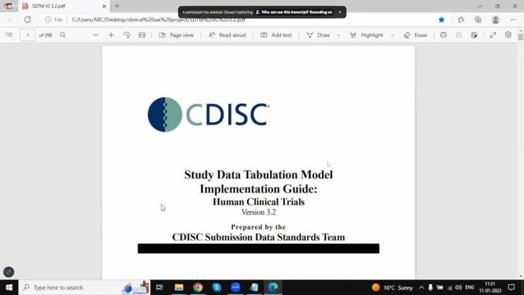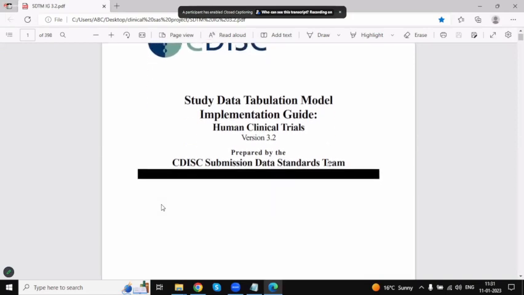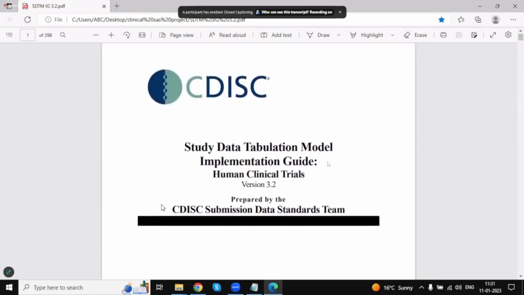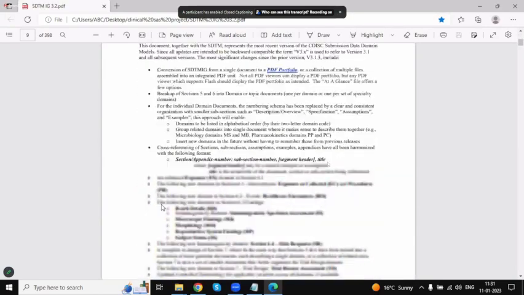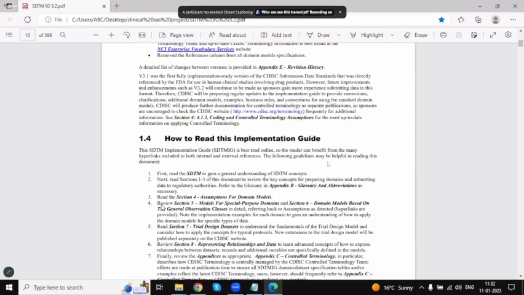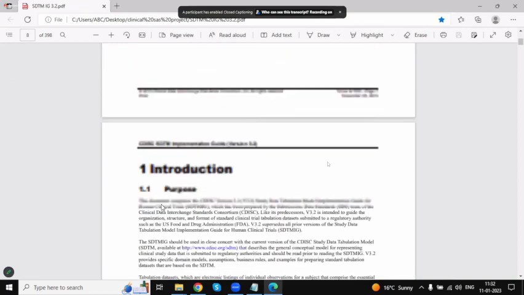Human clinical records. See, in this implementation guide they mention everything: what reports they want, how to prepare those reports, what the report contains, and what format it should be in. It will be available in the implementation guide.